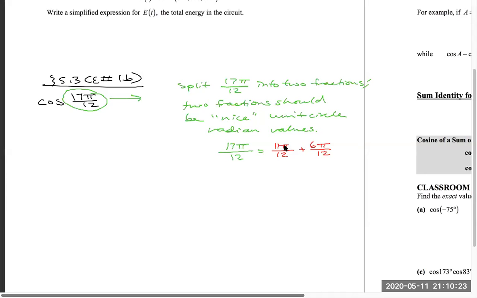If I add these up, I still get 17 pi over 12, so that's perfect. And if I simplify this part here, 6 over 12, that gives me 1/2, so that'd be pi over 2. That is a nice unit circle radian value, but the problem is that this is not a nice value for 11 pi over 12.